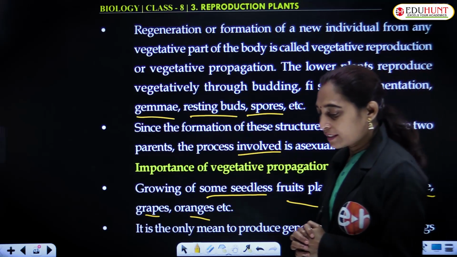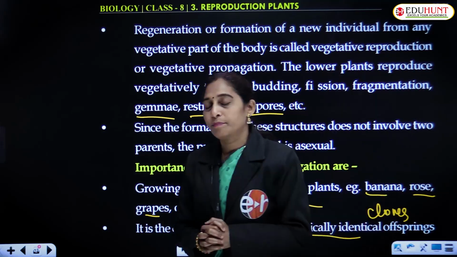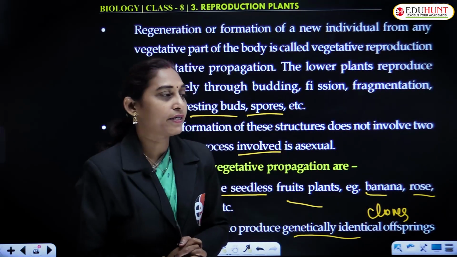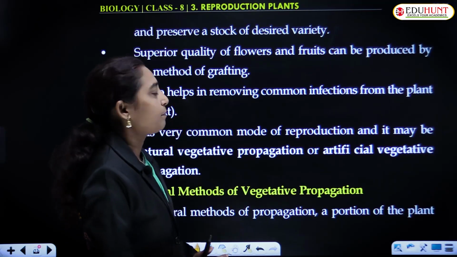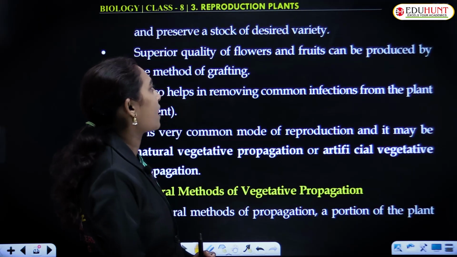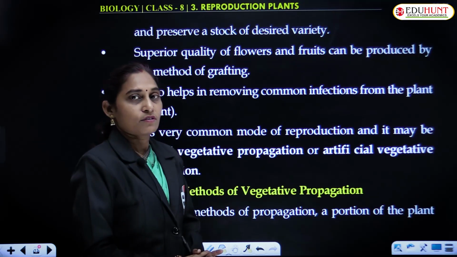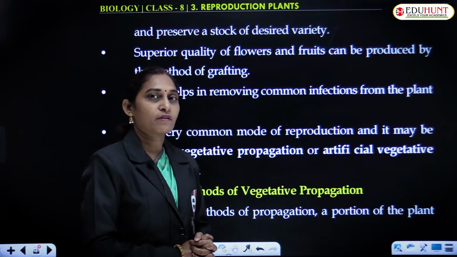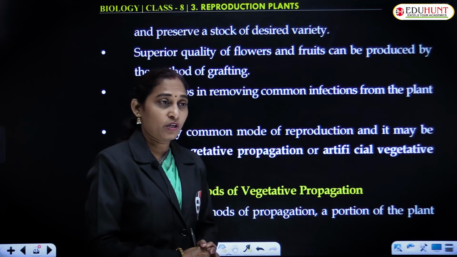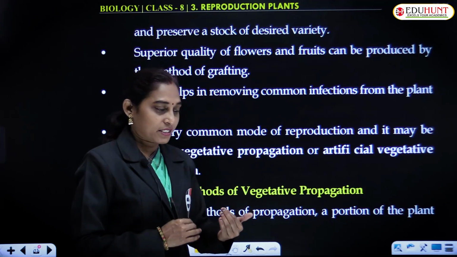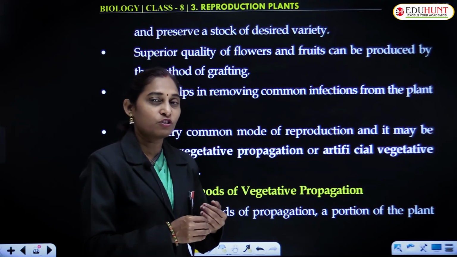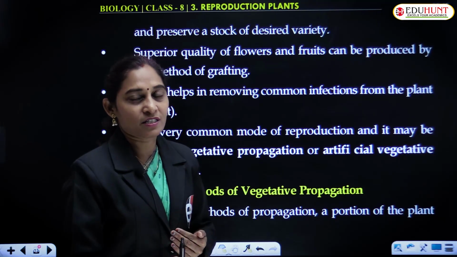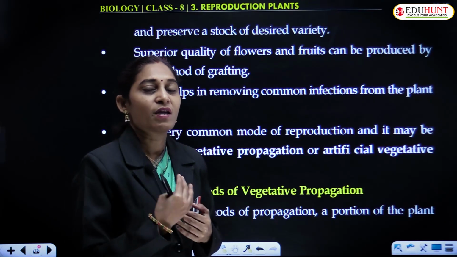Clones are genetically identical plants or individuals or offspring, and they preserve a stock of the desired variety. If we want a particular variety, and it reproduces sexually, sexual reproduction will lead to evolution, speciation and even variation.